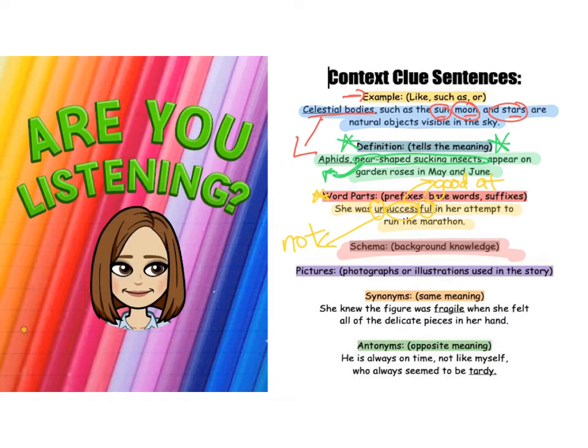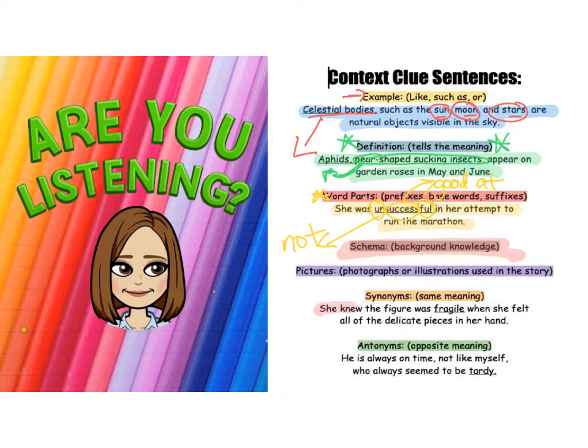Pictures. Pictures are photographs or illustrations used in the story, and often authors will hide things in the pictures that can help you figure out the meanings of words or phrases. The last two we looked at yesterday, synonyms, that's when the author gives you the same meaning.